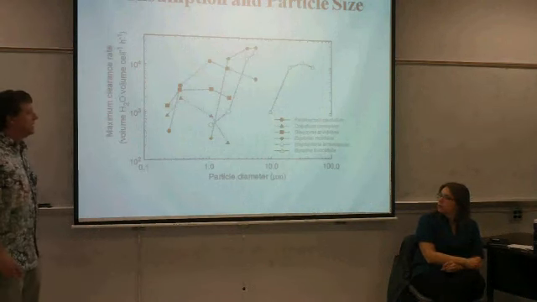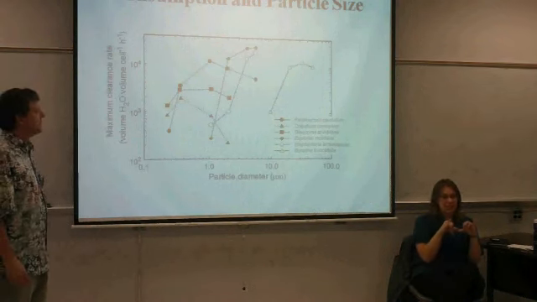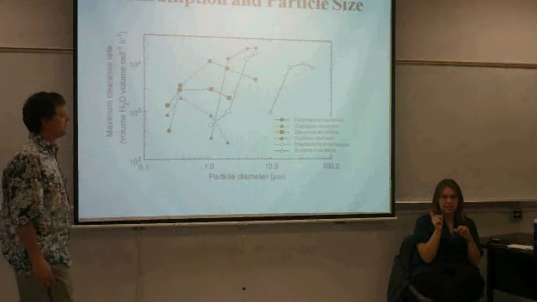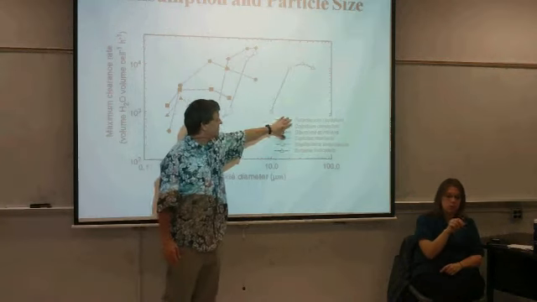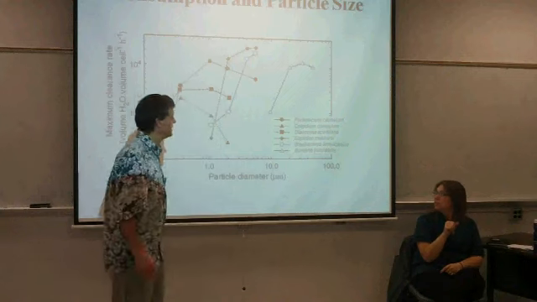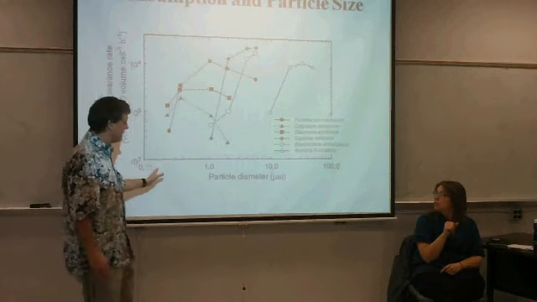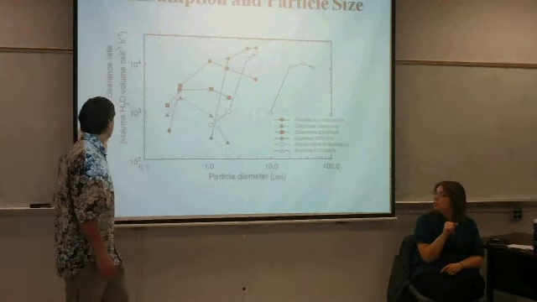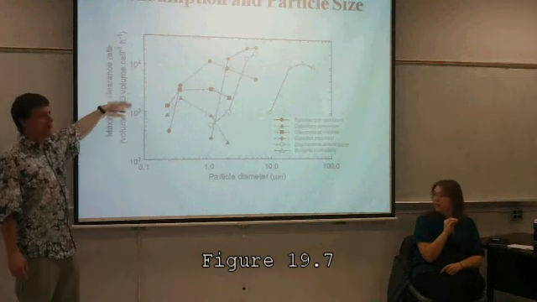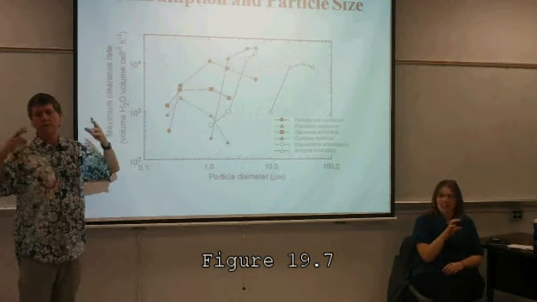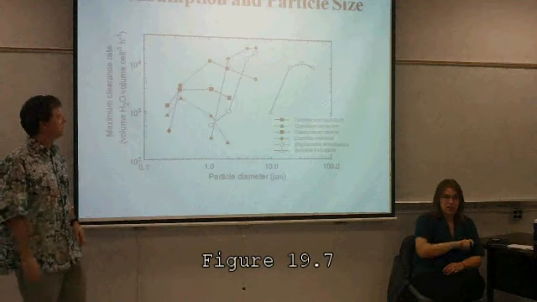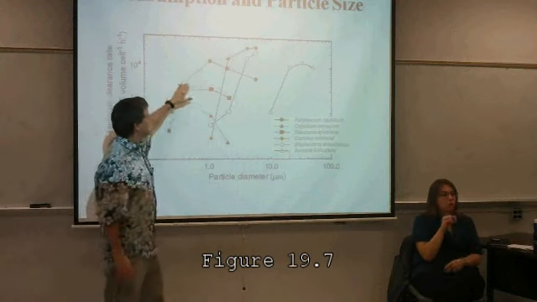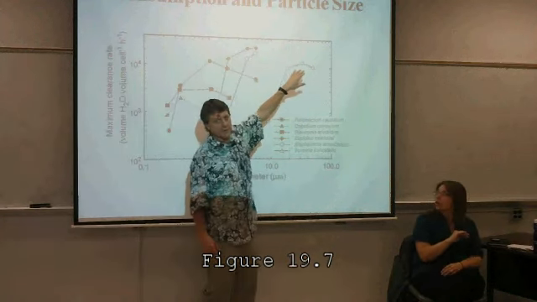So here's some real data on size. This is a bunch of different ciliated protozoan species, and particle diameter is on the x-axis, and on the y-axis is the clearance rate, and that's how much volume they can put through. This clearance rate then peaks out and then decreases for a number of these species.